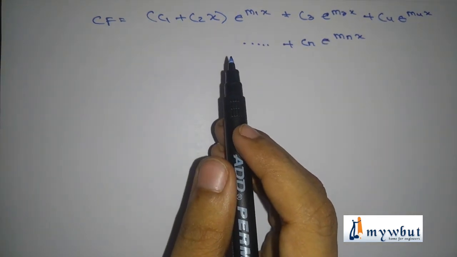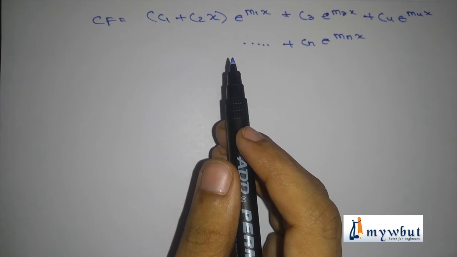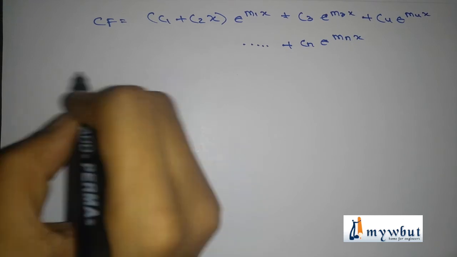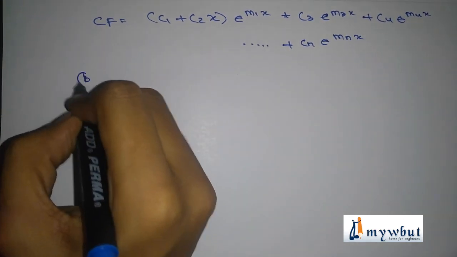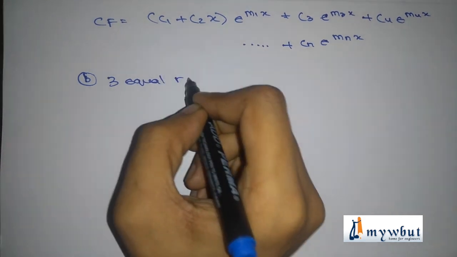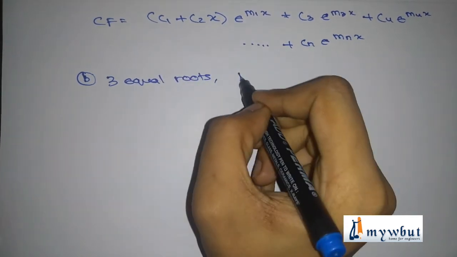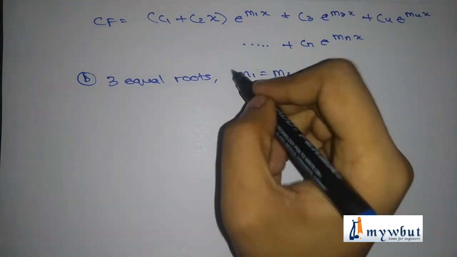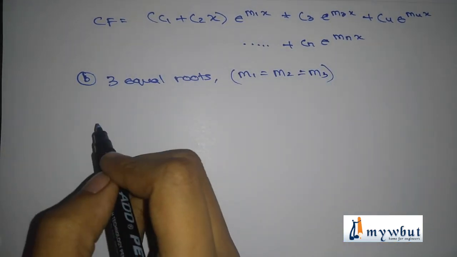So what if there are three equal roots, that is, m1 equal to m2 equal to m3? What would happen then?